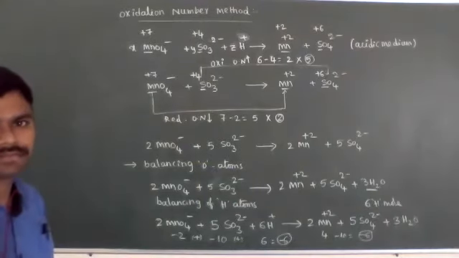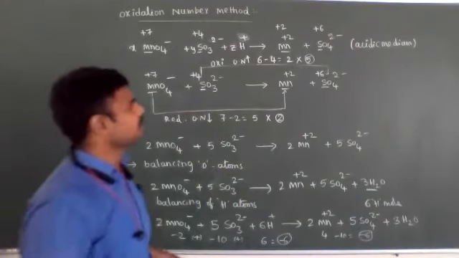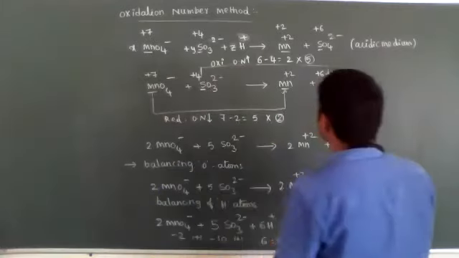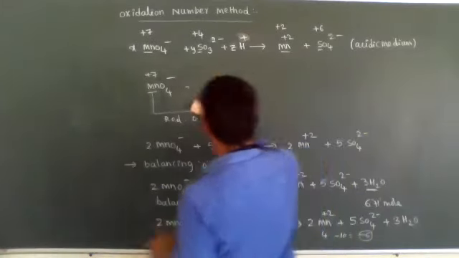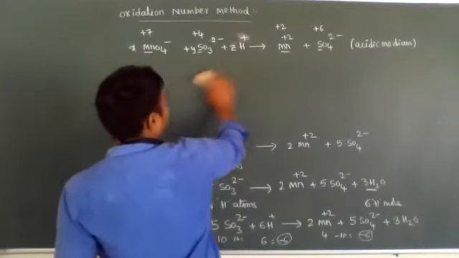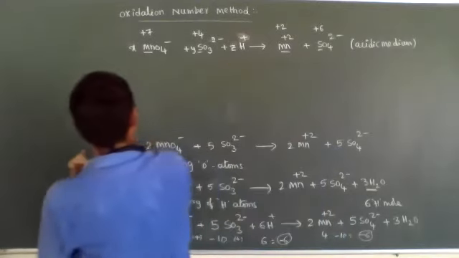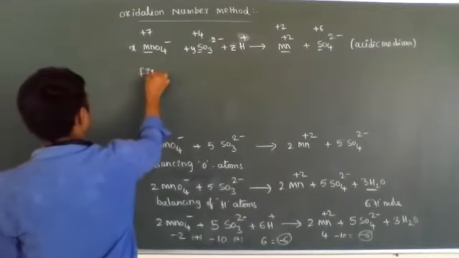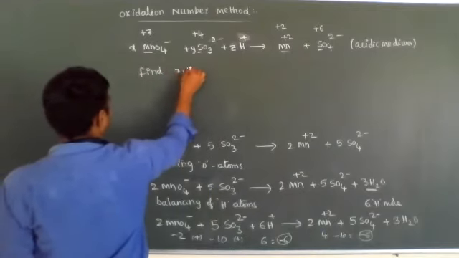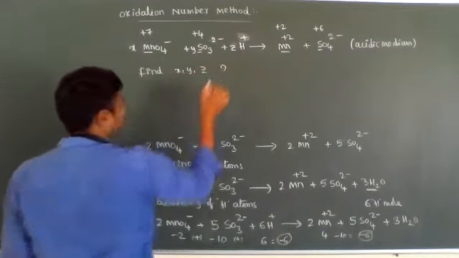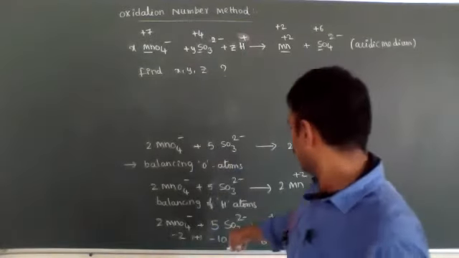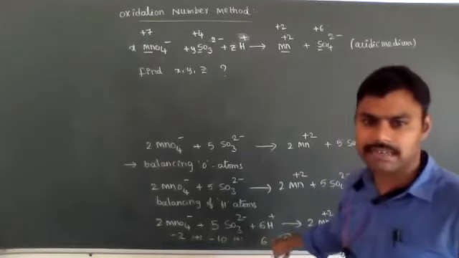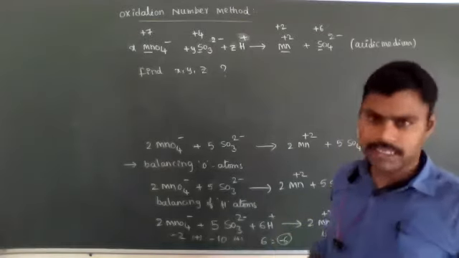So in the competitive exam or NEET exam, they will simply give the equation like this and ask to find X, Y, Z. Options they will give for the X value, Y value, Z value. So I balanced this equation in acidic medium by using the oxidation number method.